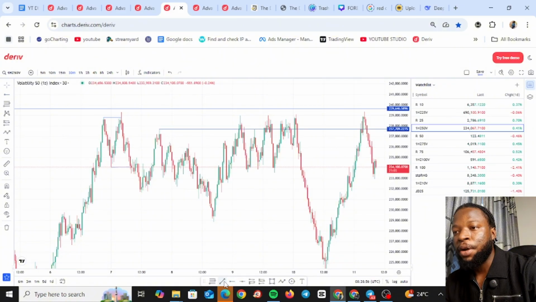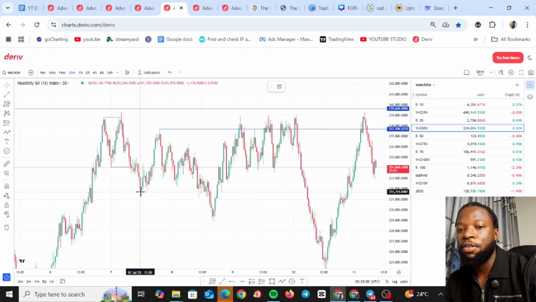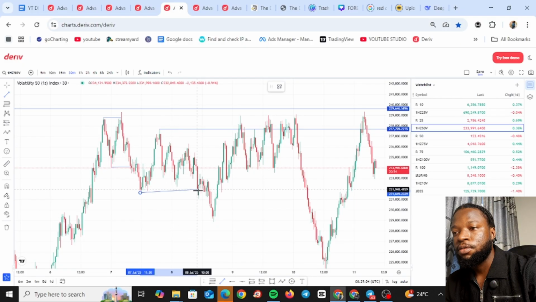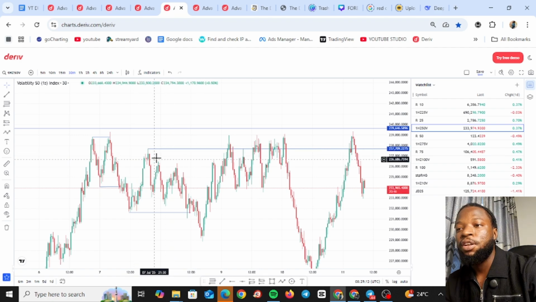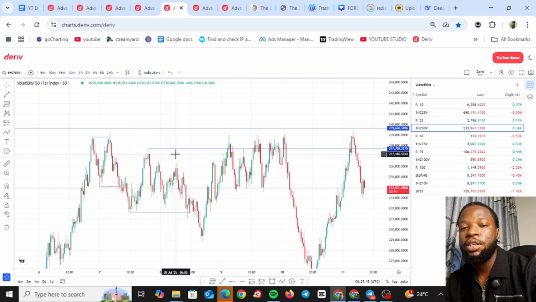Then price comes back and breaks another structure, which gives us our second break of structure. What did price do? Price retraced back to take out this newly created liquidity and continue in the opposite direction, which gives us our 5 rules of the advanced market structure.